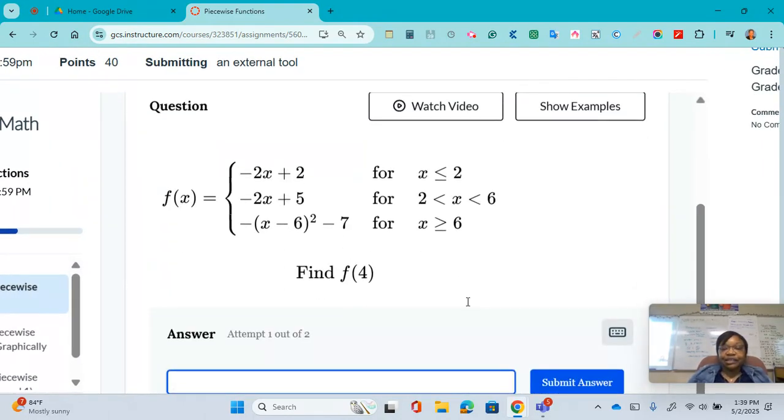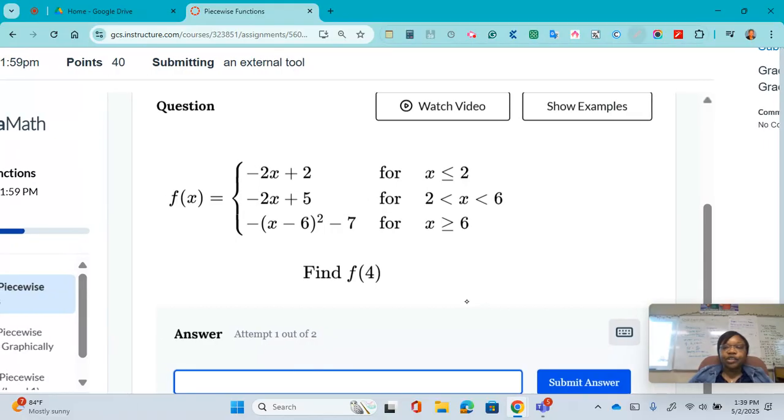If my x is less than or equal to 2, I will use this equation. If my x is between 2 and 6 but does not equal 2 or 6, I will use this equation. If my x is greater than or equal to 6, I will use this equation. My x is 4, so I'll use the first, second, or third equation? The second equation.